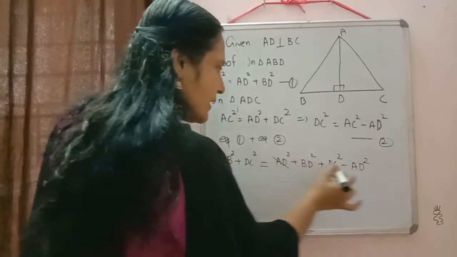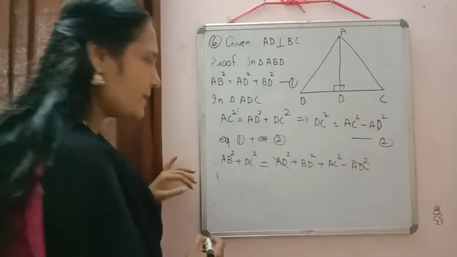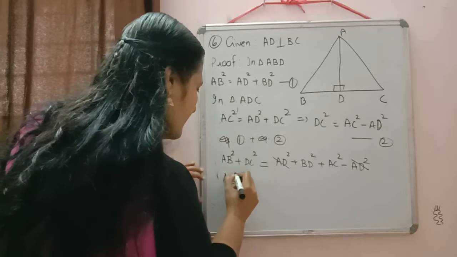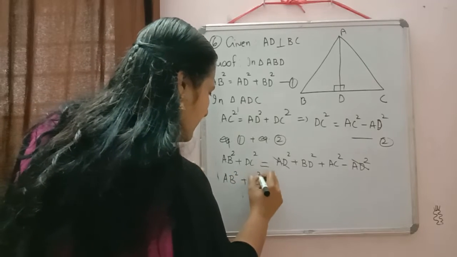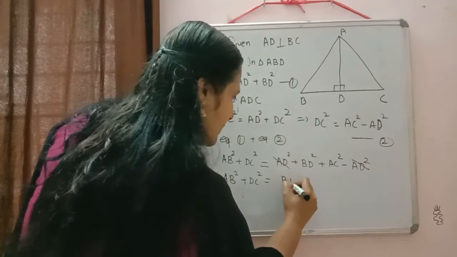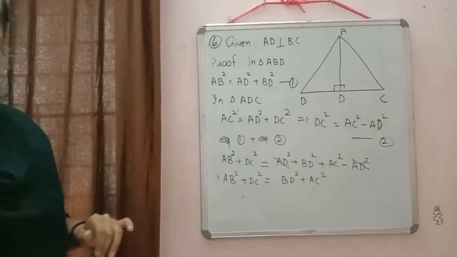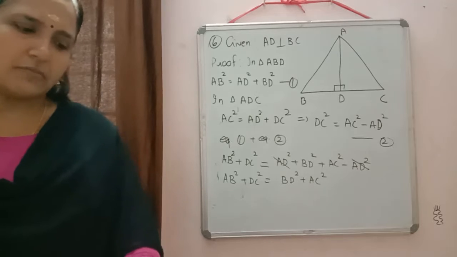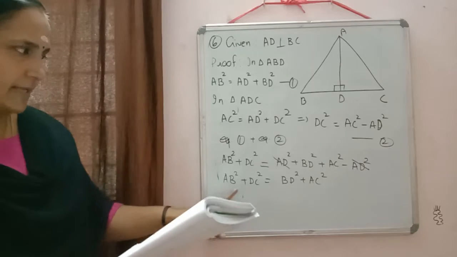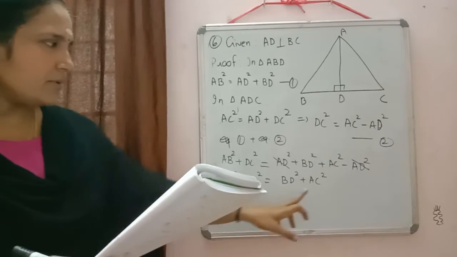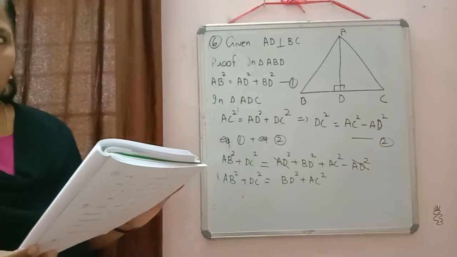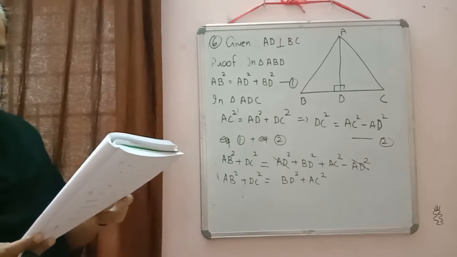So AD square and minus AD square will get cancelled. We will get from here AB square plus CD square is equal to BD square plus AC square. So just to check whether we got the proof of the first one. AB square plus CD square is equal to AC square plus BD square. Now just to check the second one.